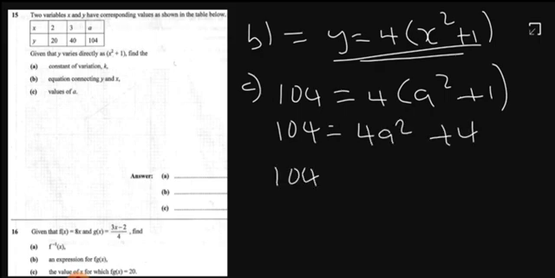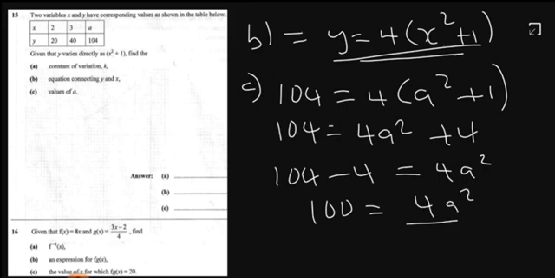This is 104 minus 4, which is equal to 4a squared. This is 100 is equal to 4a squared. So divide by 4 on both sides. So we're saying a squared is equal to 25. So to find the value of a alone, you square root that side and that side, saying the value of a is equal to positive or minus 5. Those are the values of a.